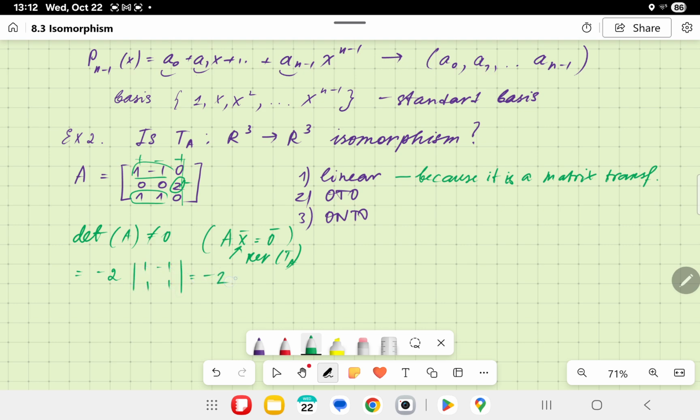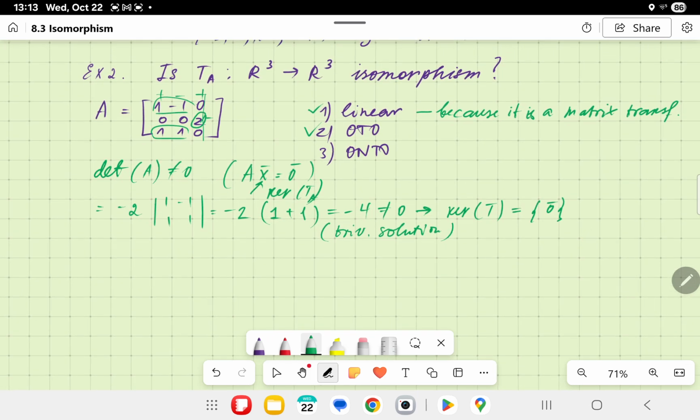Okay, minus 2, and 1 by 1 is 1, minus 1. So it's plus 1, because it's minus 1 and minus from the determinant, so I'm going to have minus 4, not equal to 0. So the kernel of T is going to be only the 0 vector. Trivial solution. So we checked this, and we just need to check onto.